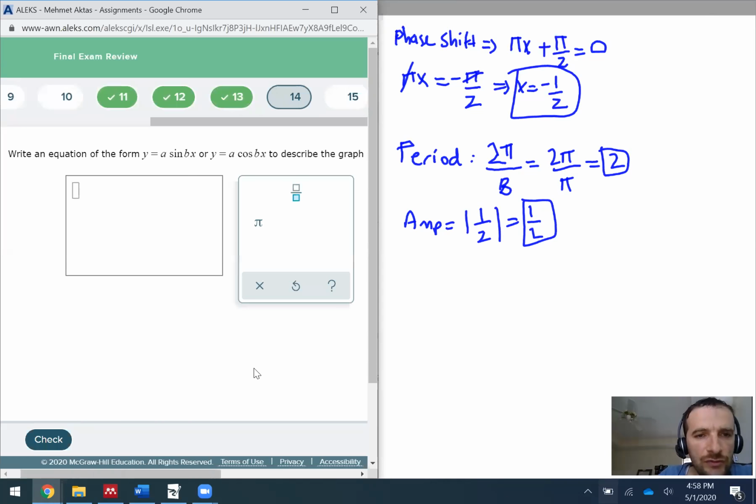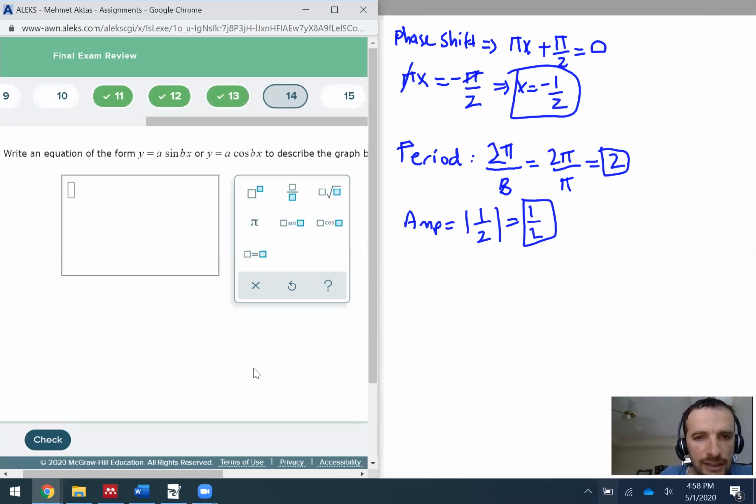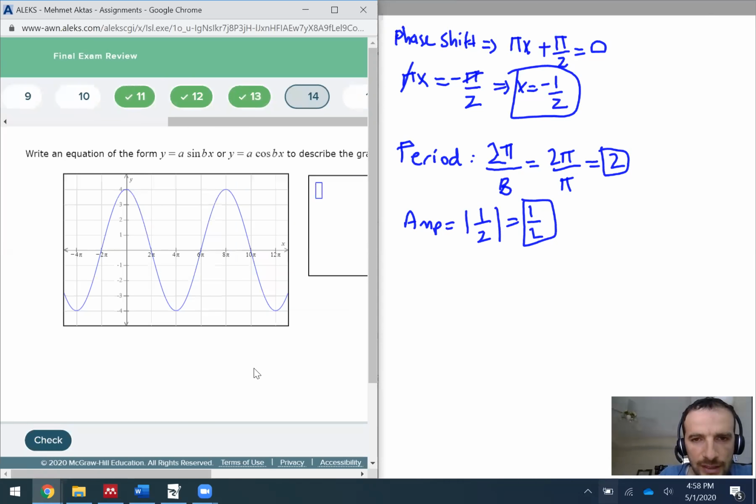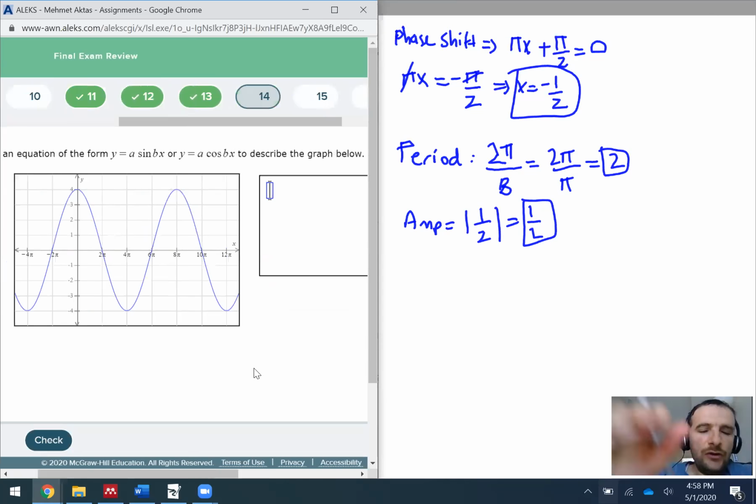Write an equation of the form y is equal to a sine bx or y is equal to a cosine bx to describe the graph below. Okay. All right. This graph looks like the cosine graph, right? Cosine graph, but stretched 4 units.